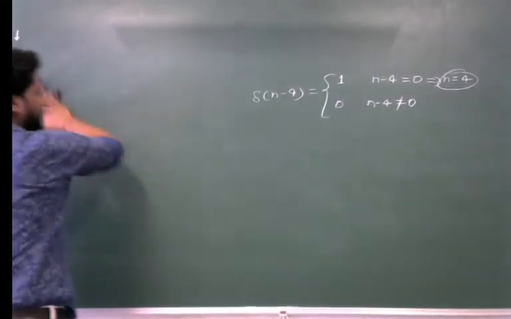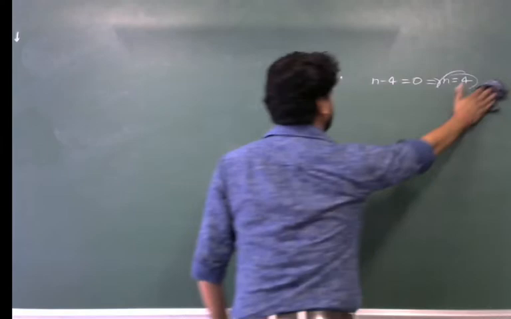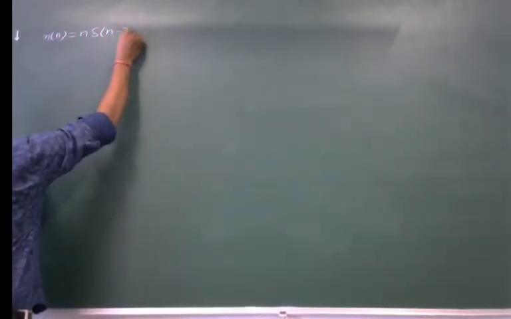The next example is x of n, given here as n into delta n minus 2. X of n is equal to n times delta n minus 2.